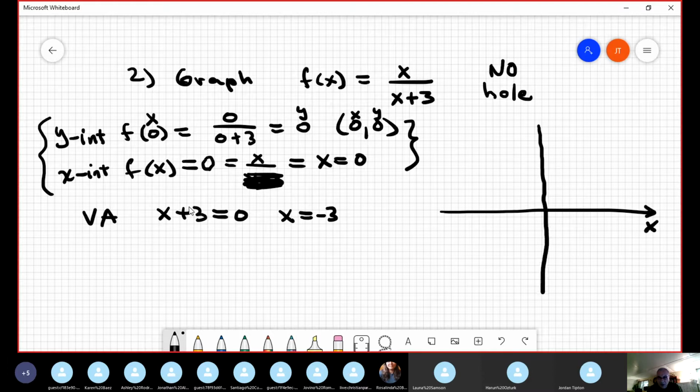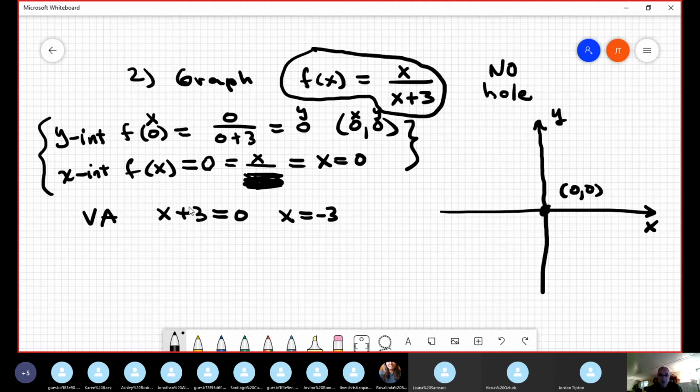After, I want to do a nice one in decimals, of course. I plot the only point that we have, 0,0. I know this curve passes through that point, and at negative 3 we have a vertical asymptote.